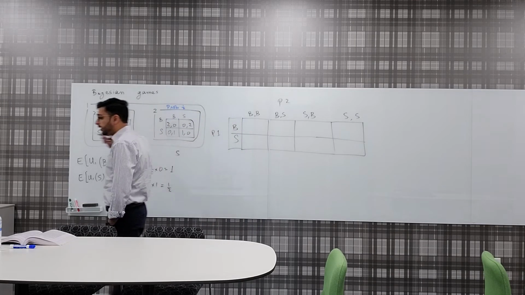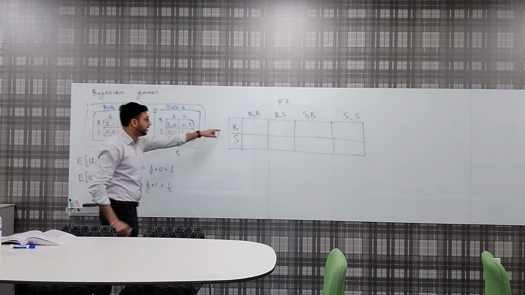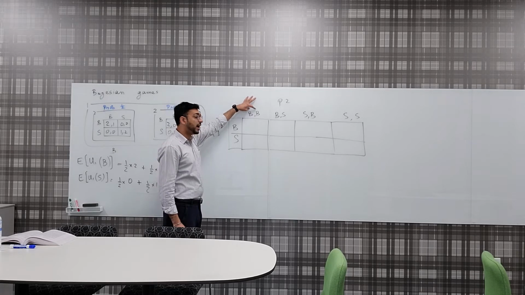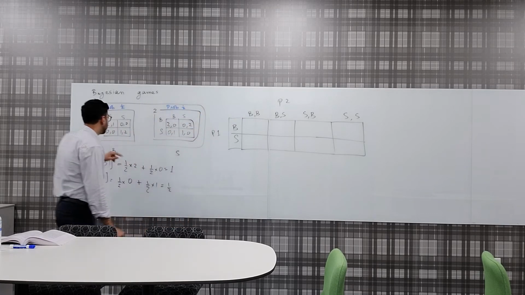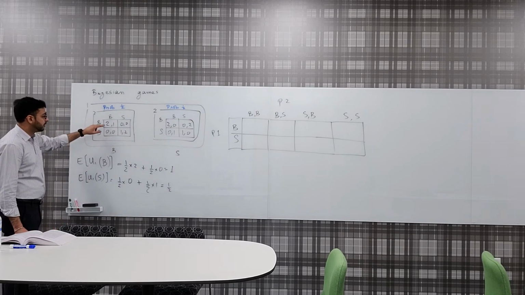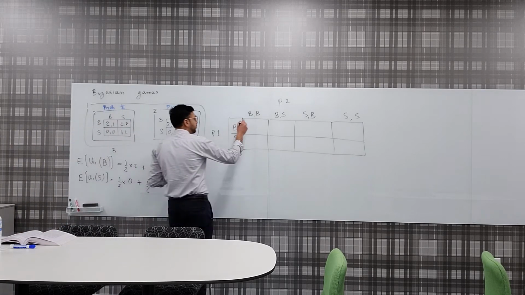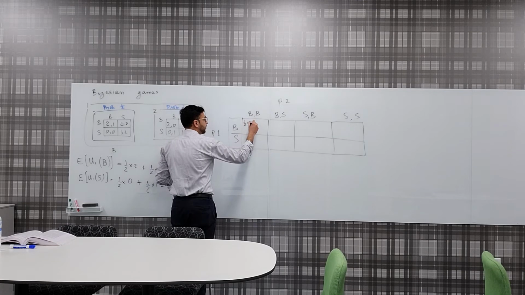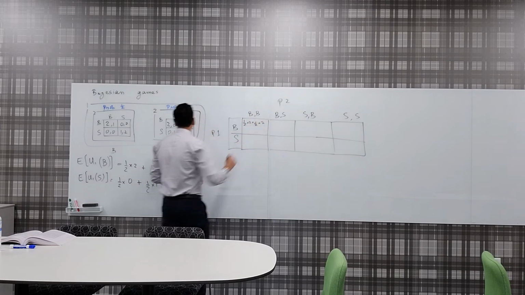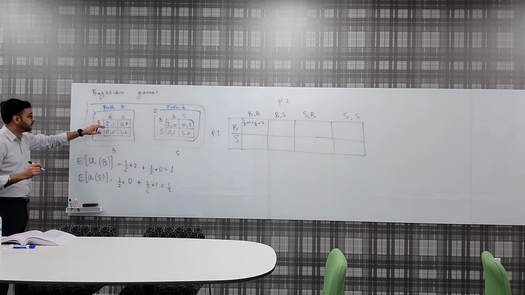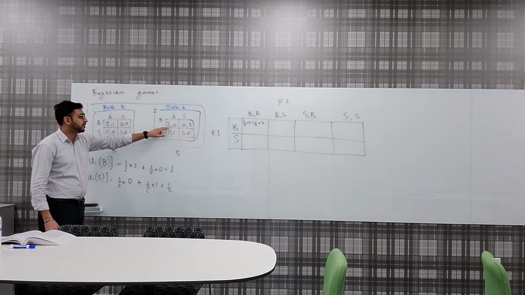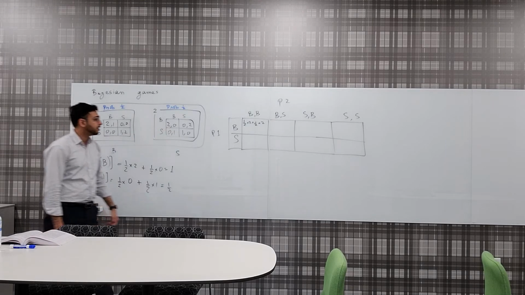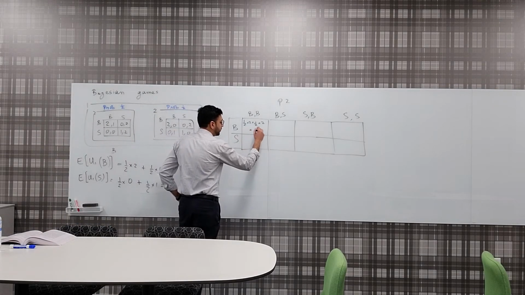If player 1 is playing B in a world where each type of player 2 is playing B, then player 1's expected payoff will be 1/2 times 2 plus 1/2 times 2, right? Because with probability 1/2, player 1 is in BB, which is over here, and with probability 1/2, this BB takes place. So that's just 2.